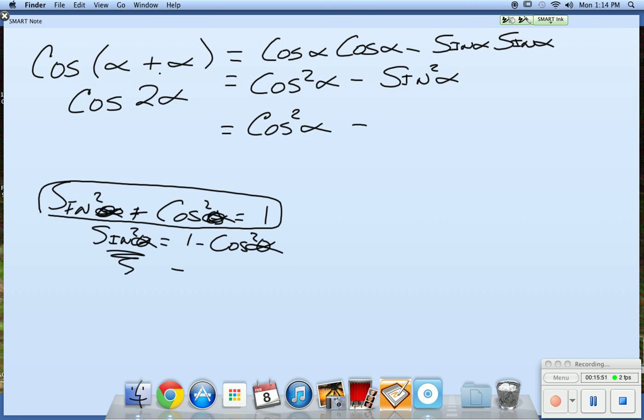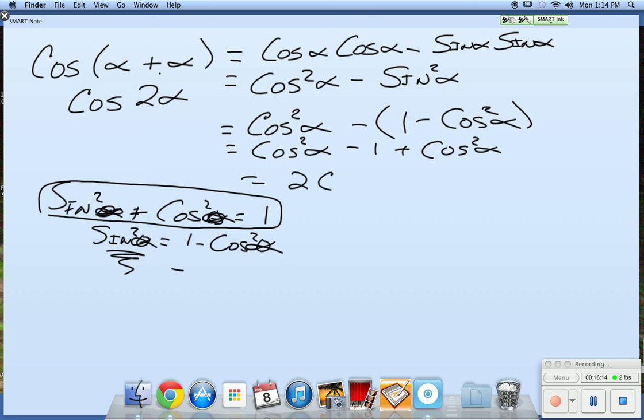I'm going to minus 1 minus cosine squared of alpha. You see what I did, Mike? Carry this through. Cosine squared alpha minus 1 plus cosine squared of alpha will equal 2 cosine squared alpha minus 1.